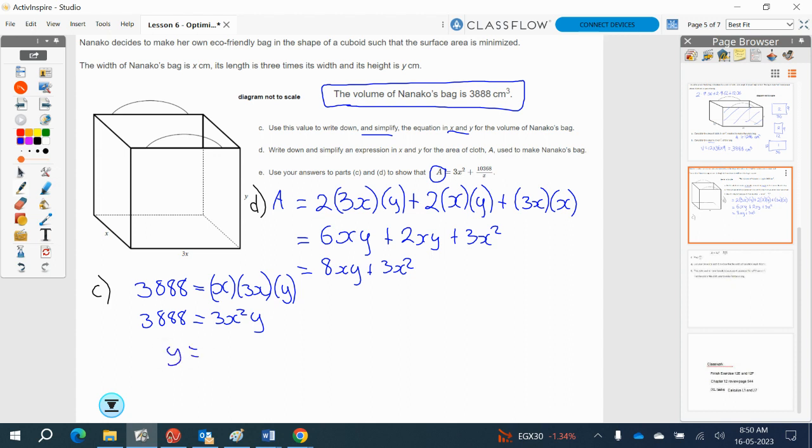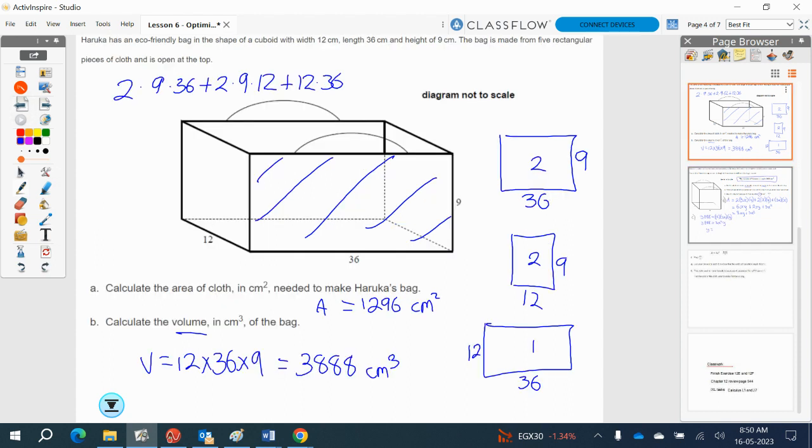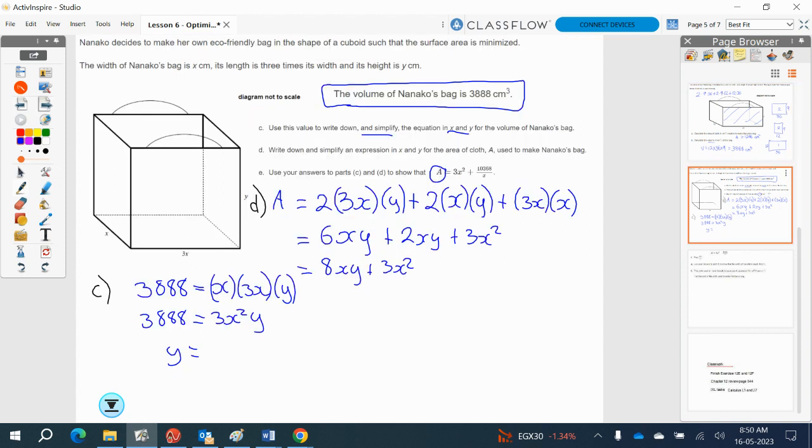How did you get 3x squared? I know you multiply 3x by x, but how did you get that? Volume. If you remember back to the previous bit, we did volume by 12 times 36 times 9, length times width times height. So here we do length times width times height, so we get x times 3x times y, which is 3x squared y.